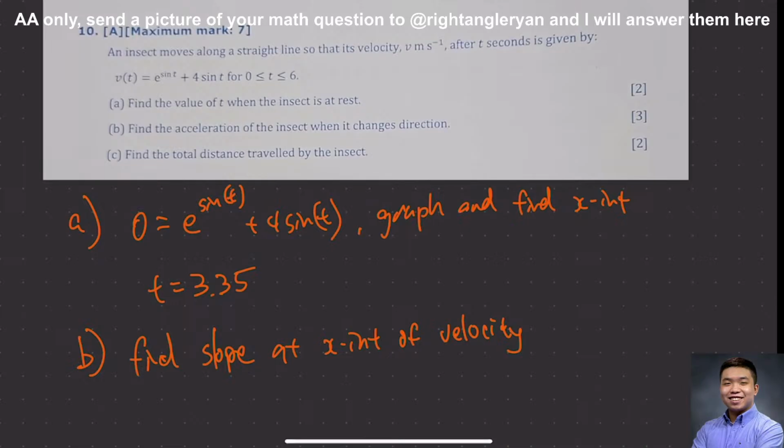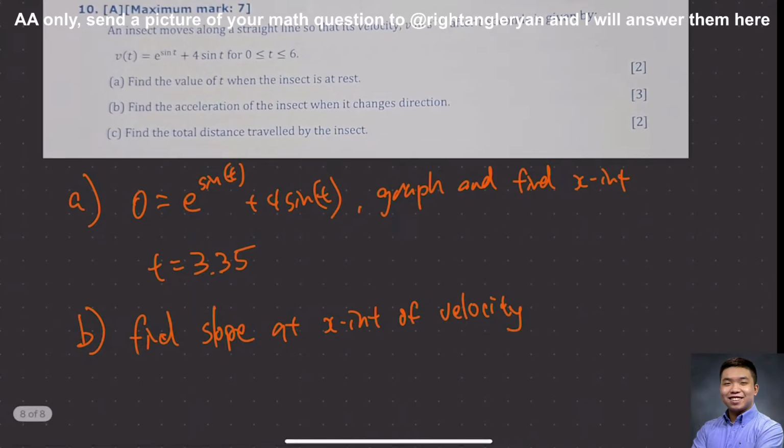Positive velocity means I'm going forward. Negative velocity means I'm going backwards. So I'm only changing direction at the x-intercepts of my velocity. To find the acceleration, I need to find my slope at x equals 3.35.